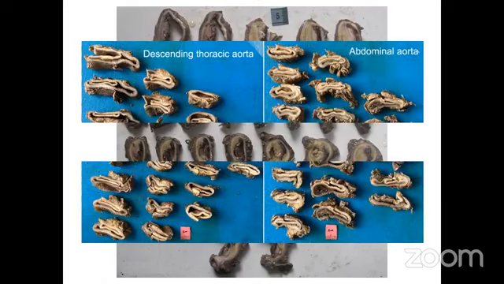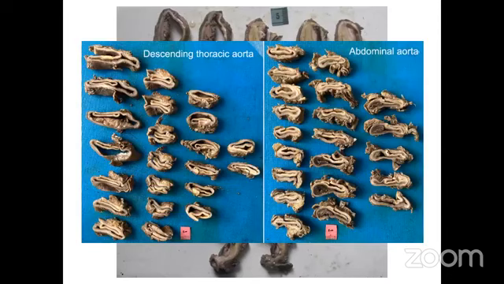And these serial cross sections of the descending and abdominal aorta were performed in a case of type 1 chronic aortic dissection. So this is the true lumen of the aorta, and this is the false lumen of this aorta. So this is basically a double-barreled aorta.